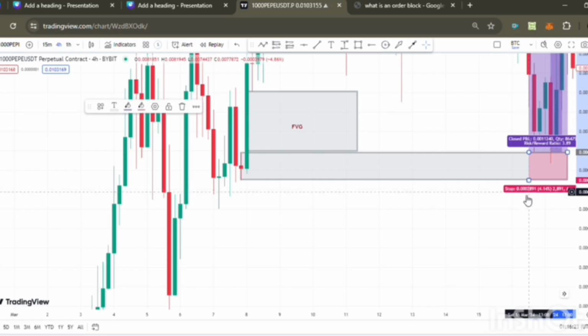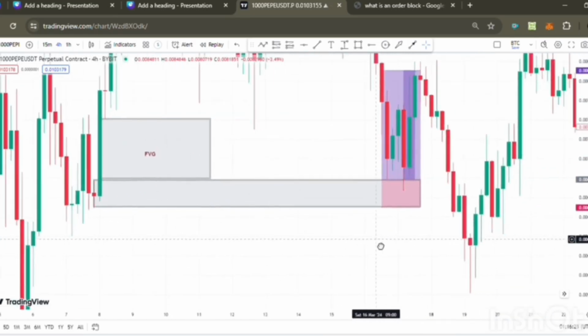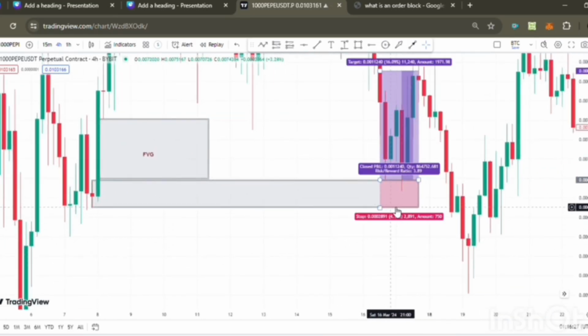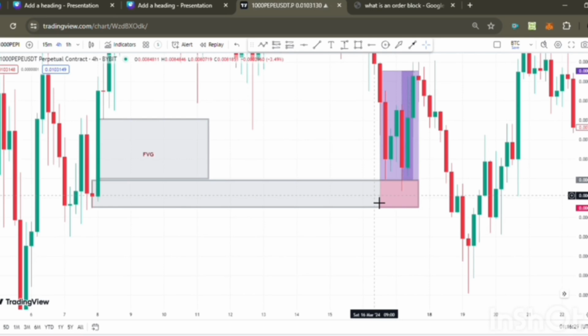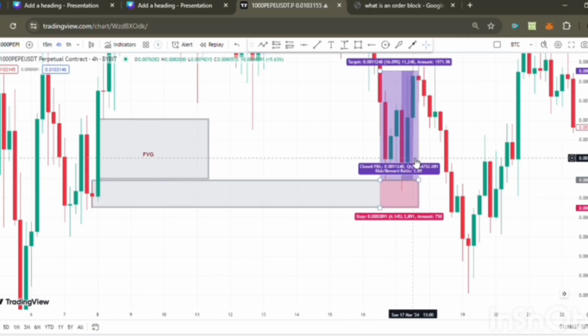Do you understand? But there is a high risk here, because it will expose you more to risk. If you check here, you will see that you are having 4% risk, 4.14 risk.